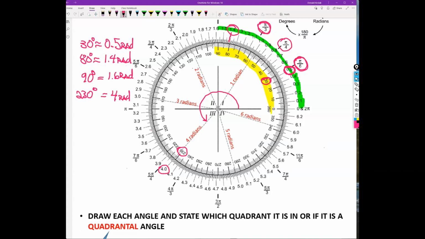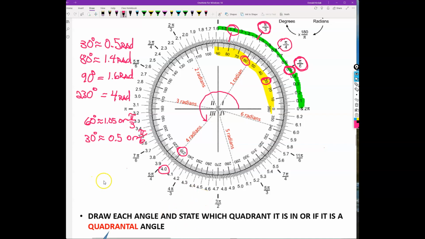Pi over 3 radians is between 1 and 1.1 rads, and that's 60 degrees. So 60 degrees is about the same as 1.05 or pi over 3 radians. 30 degrees is about the same as half of a radian or pi over 6 radians.